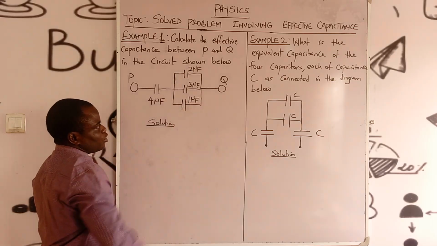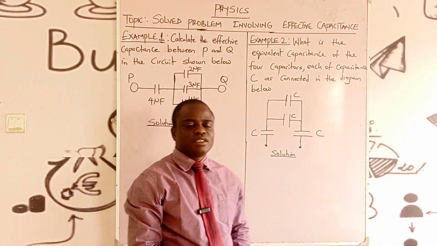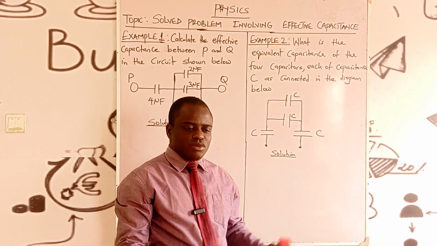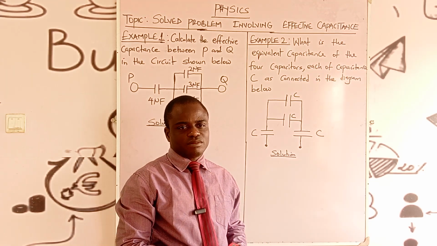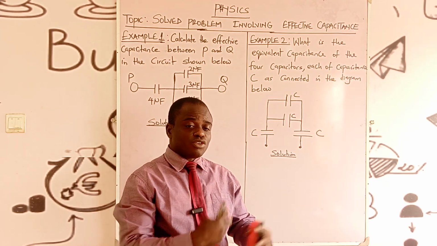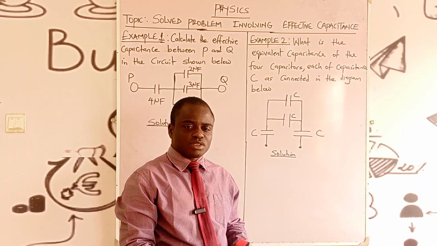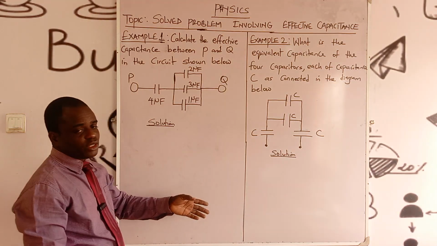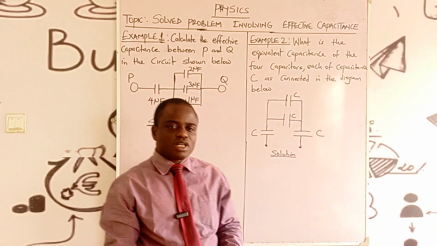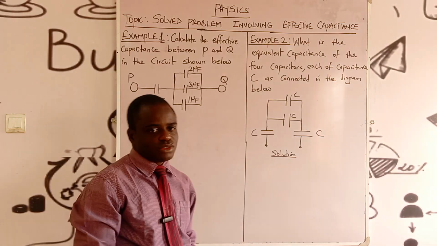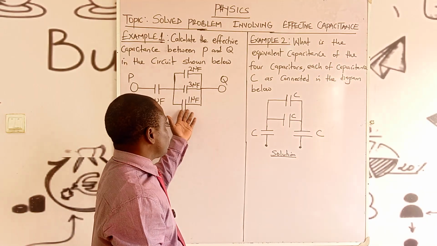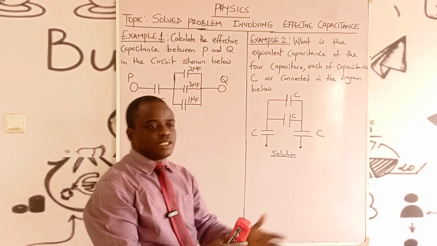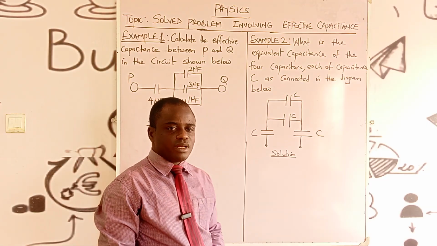When you see capacitors connected in parallel, you add them together. It's the opposite of connections in resistors. Is that okay? In resistors, when you have a parallel connection, you find the reciprocal of each of the resistors. But with capacitors, you just add them together when they are in parallel.